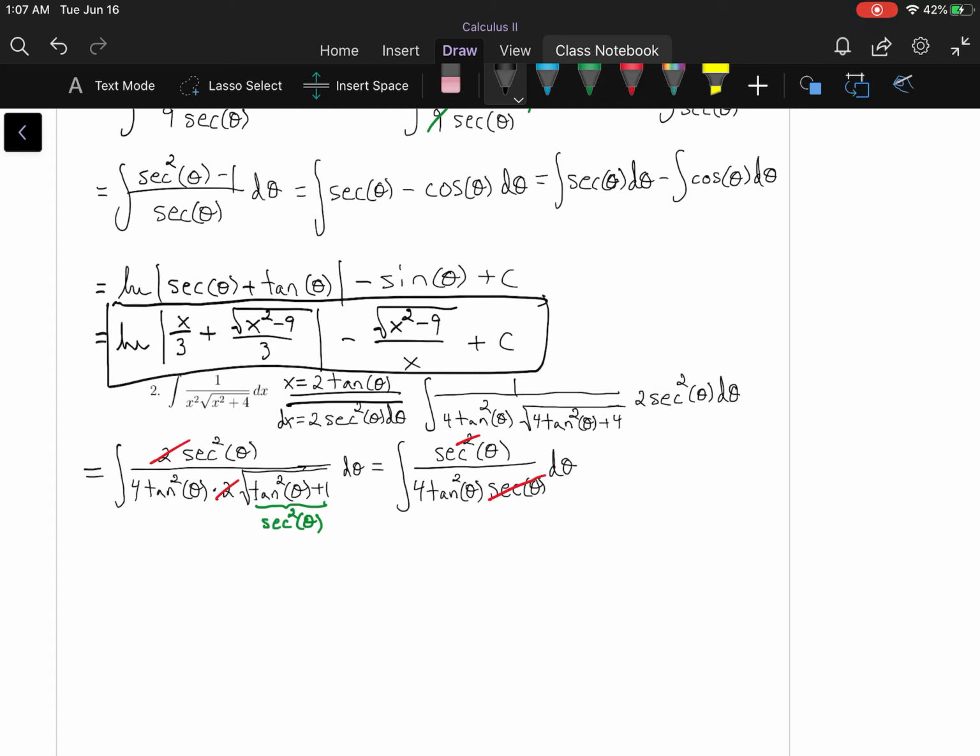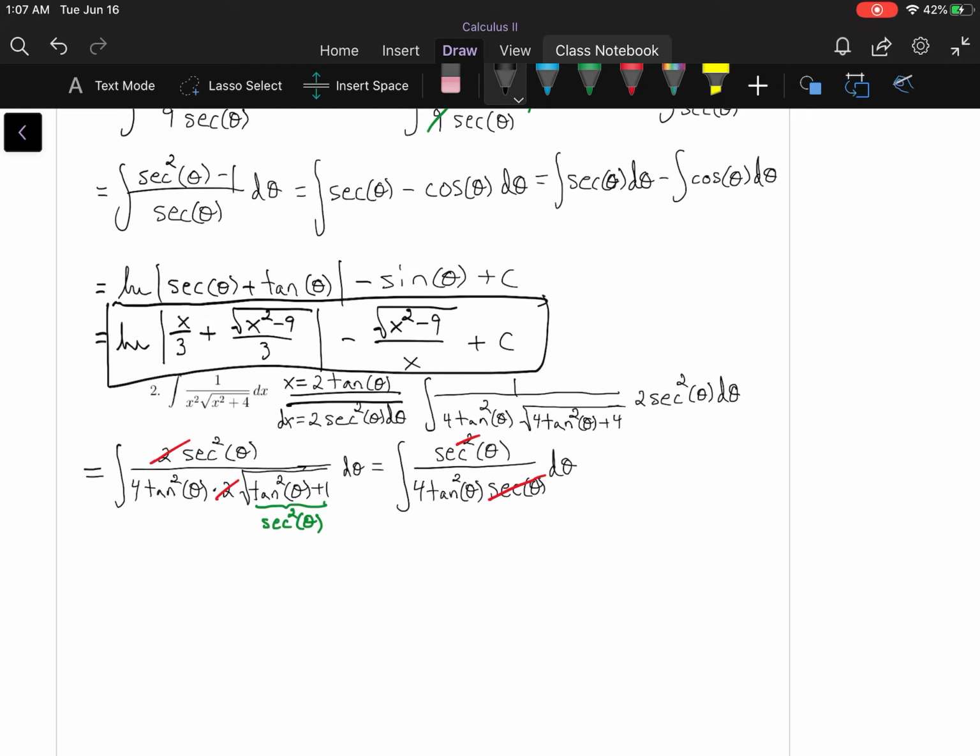There's no substitution for the secant. You also have a tan squared on the bottom. Converting the tan squared into a secant squared minus 1 won't help because you can't cancel the numerator by both parts of the denominator. So I'm going to see what happens when we convert these into their sine and cosine forms.